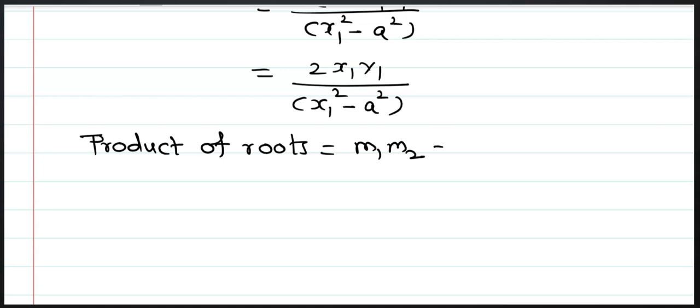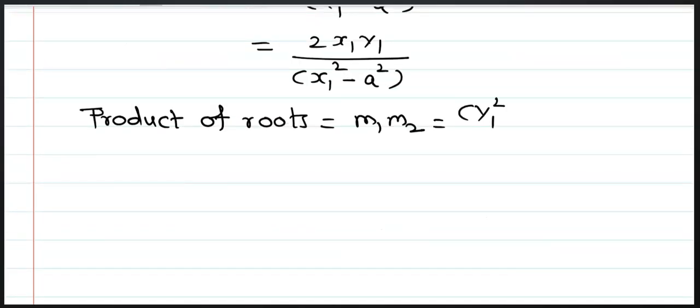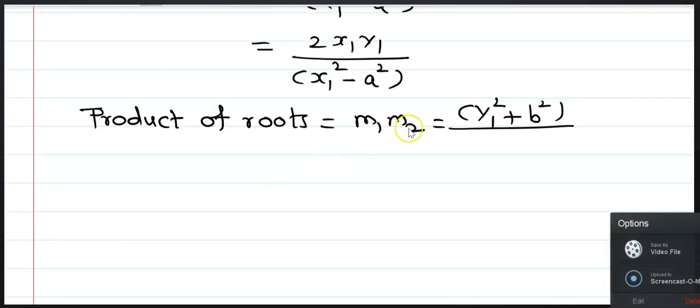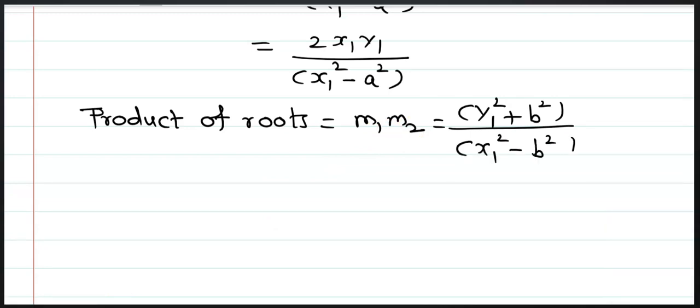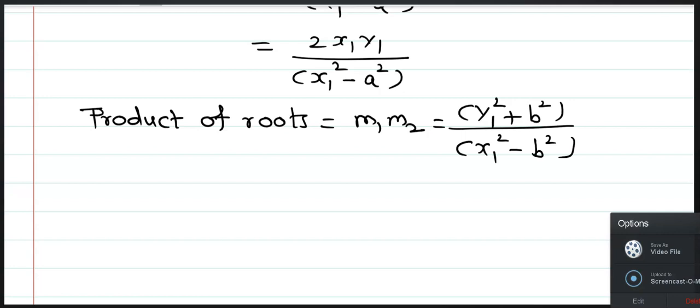Product of the roots, m1 m2 is equal to (y1 square plus b square) upon (x1 square minus a square).